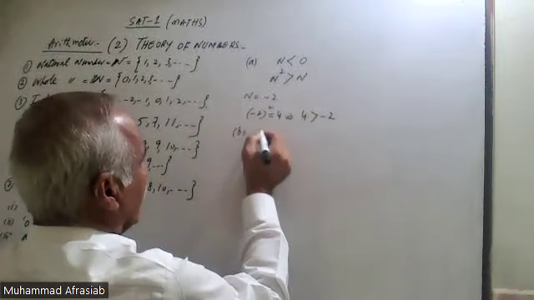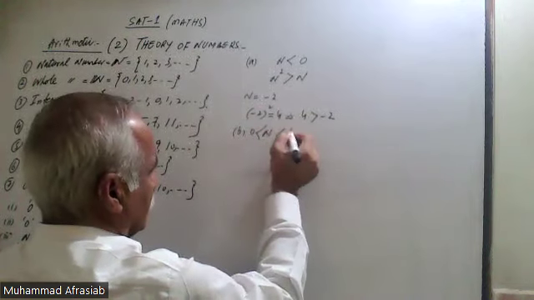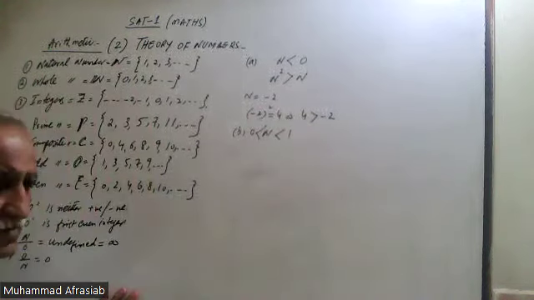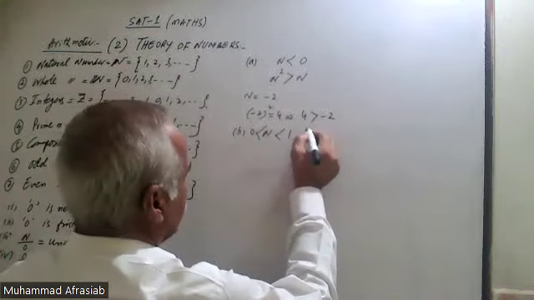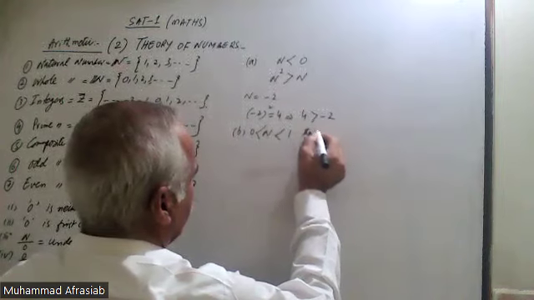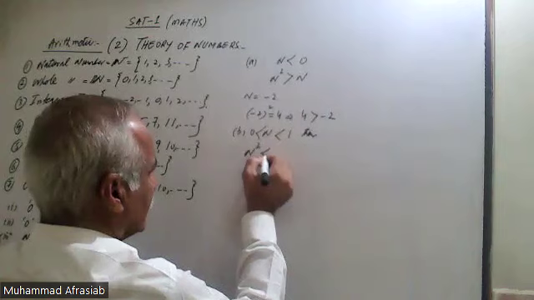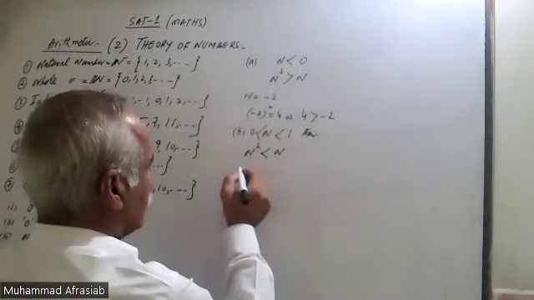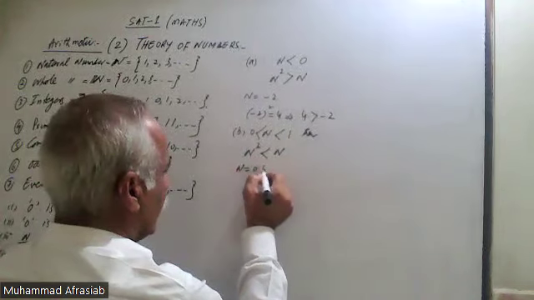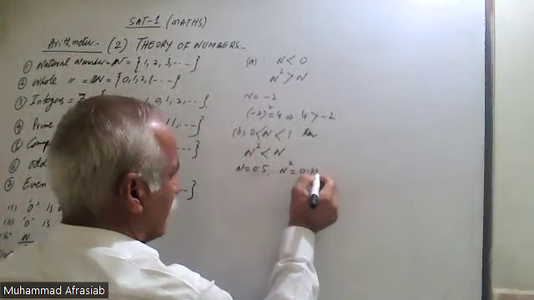B. If number lies between 0 and 1, then n square is always less than the value of n. Suppose n is equal to 0.5 and n square is equal to 0.25.